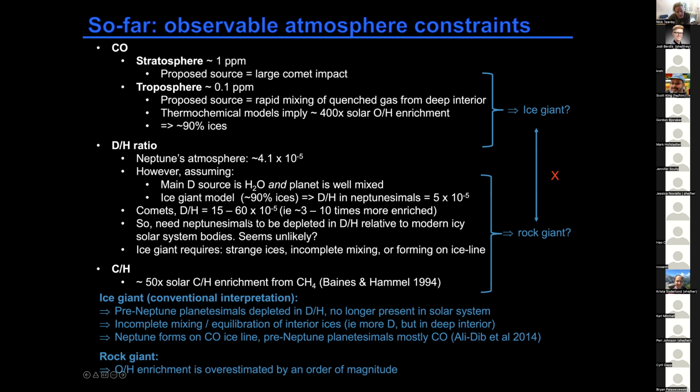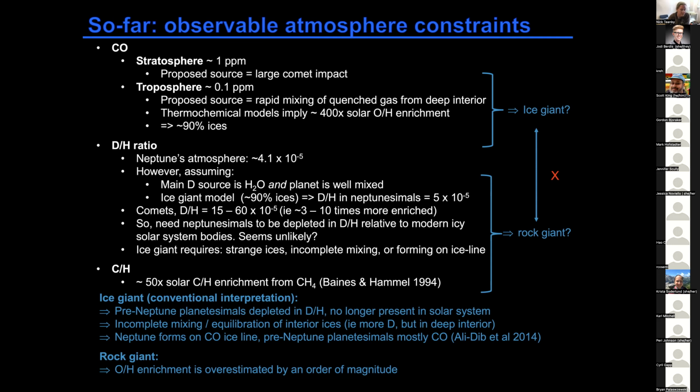So we either need these Neptunesimals, which is like a planetesimal, but something that makes Neptune. We need either those to be depleted in D to H relative to the modern icy solar system bodies like comets and so on, which seems unlikely. Or we need incomplete mixing in the interiors, which could be possible.